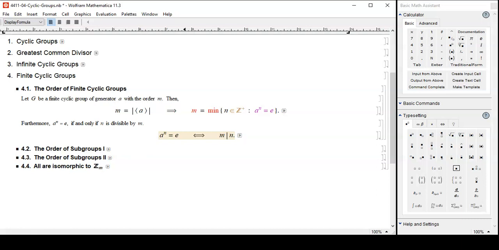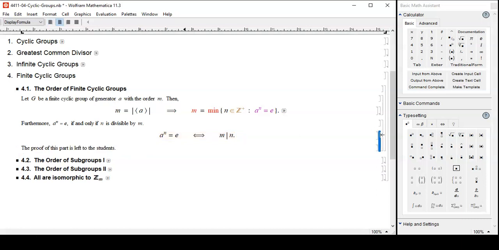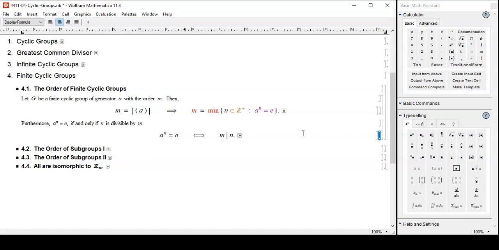So for any n such that a to the nth power is e, then m divides n. In other words, n is divisible by m. Again, we are talking about divisibility, so it's got to be the division algorithm that we have to use. As a matter of fact, the final part is left to the students, and we're going to pay attention to only the first part.